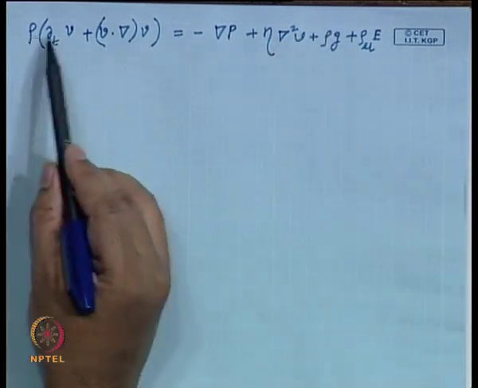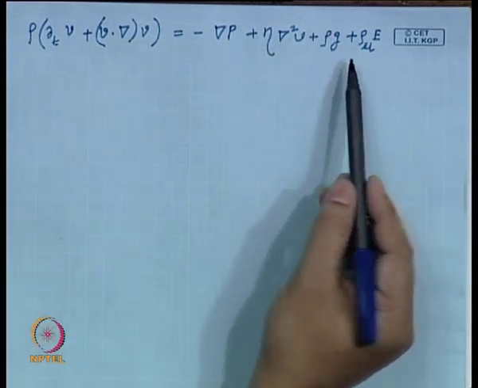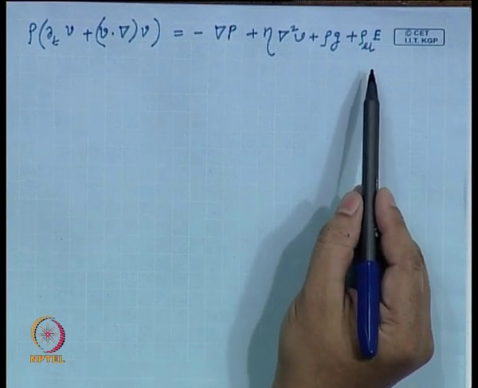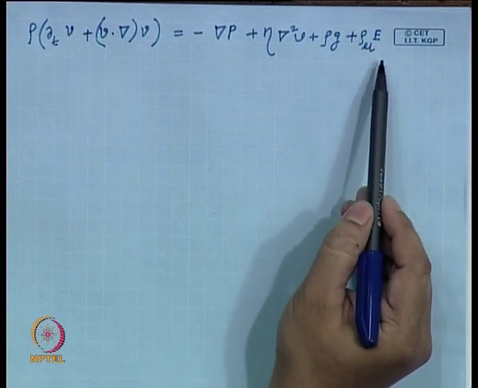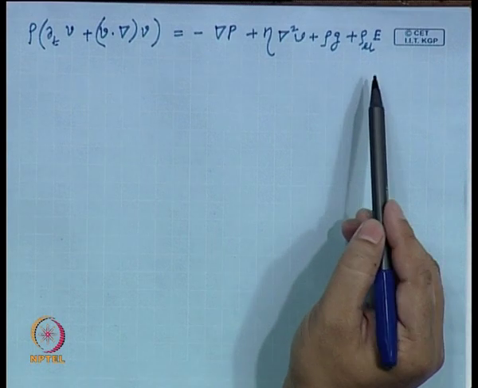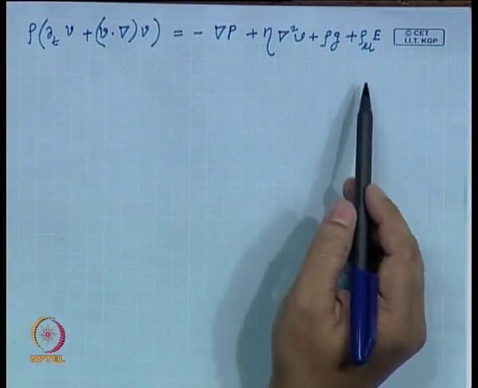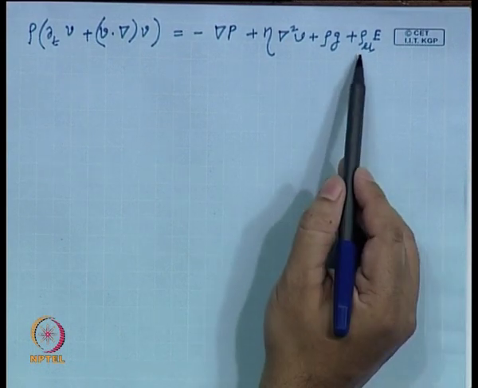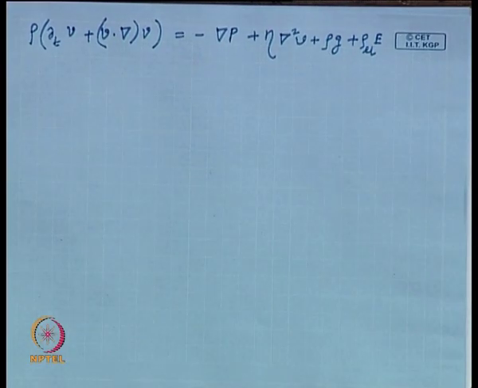This rho_e E term we introduced recently. This is the body force term arising from the ion drag that we talked about. So, we have this additional body force term present.